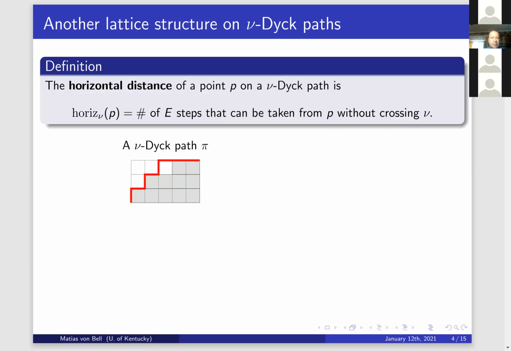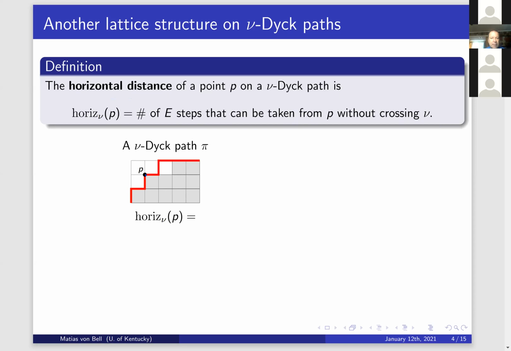That's one lattice structure on these ν-Dyck paths, but for another one, we need the notion of horizontal distance at a point P for a ν-Dyck path. The horizontal distance at a point P is the number of east steps that can be taken from that point P without crossing ν.